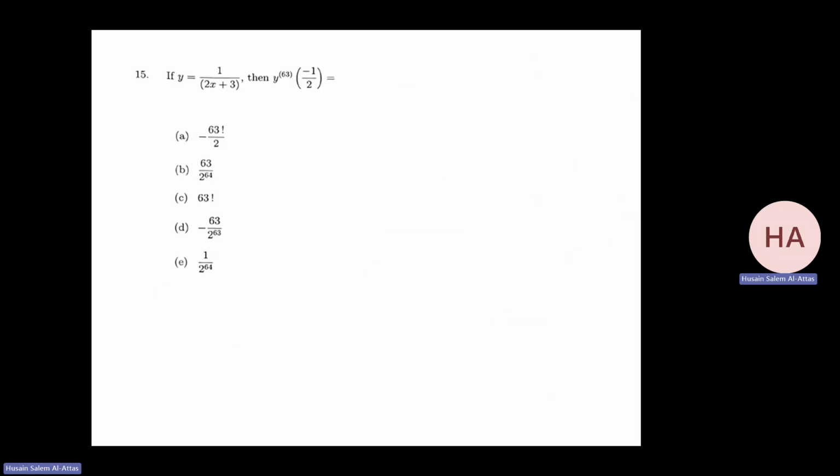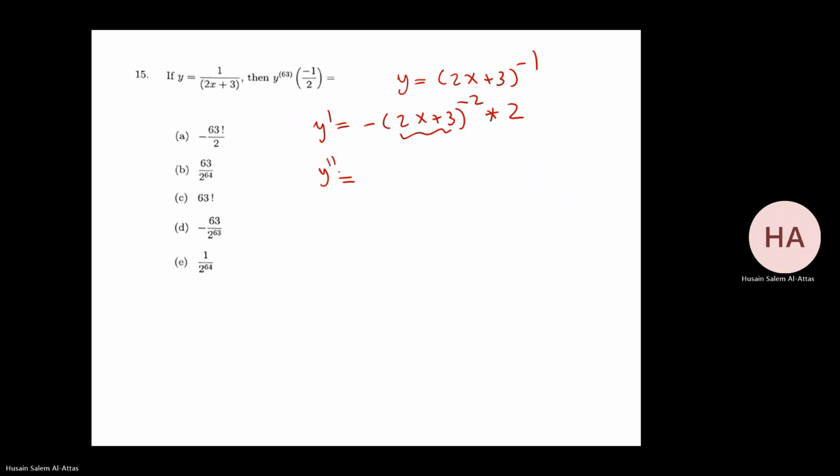Okay. Now it's 1 over 2x plus 3. So y is 2x plus 3 to the power of minus 1. Be careful now with the calculation. Y prime will be minus 2x plus 3 to the power minus 2, times the derivative of this, which is 2. Y double prime, that will be 2x plus 3 to the power minus 3.